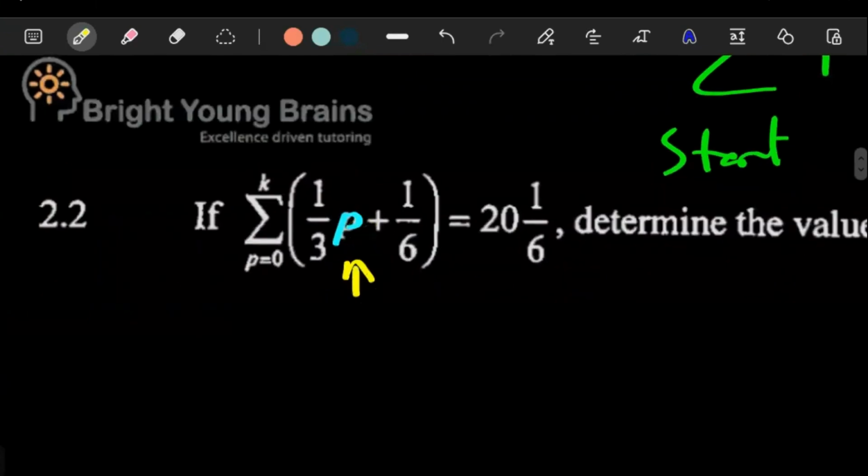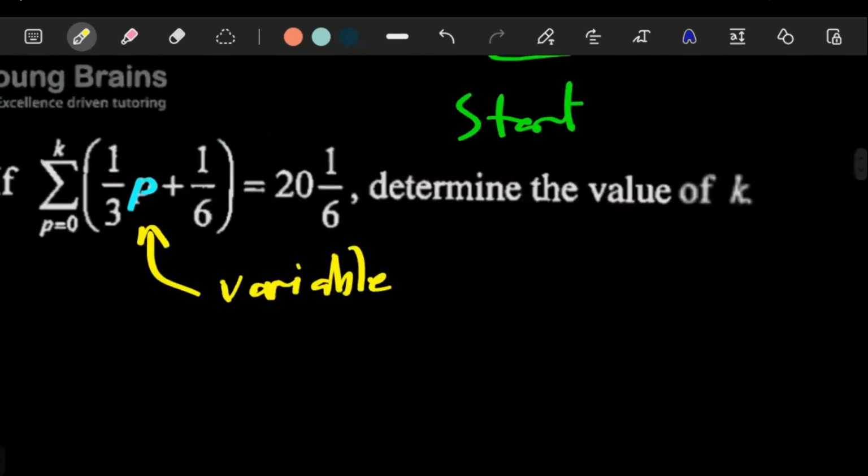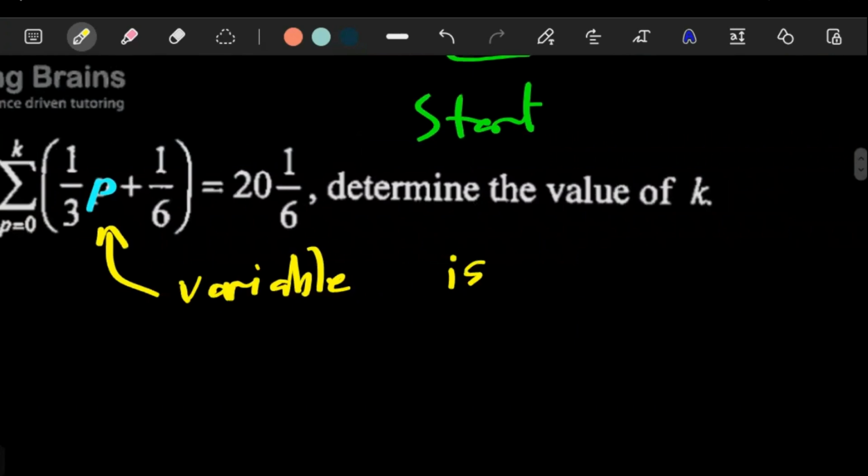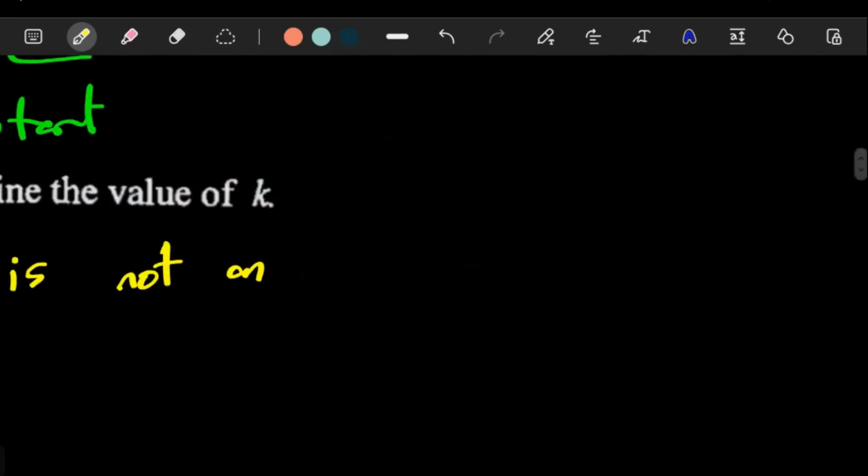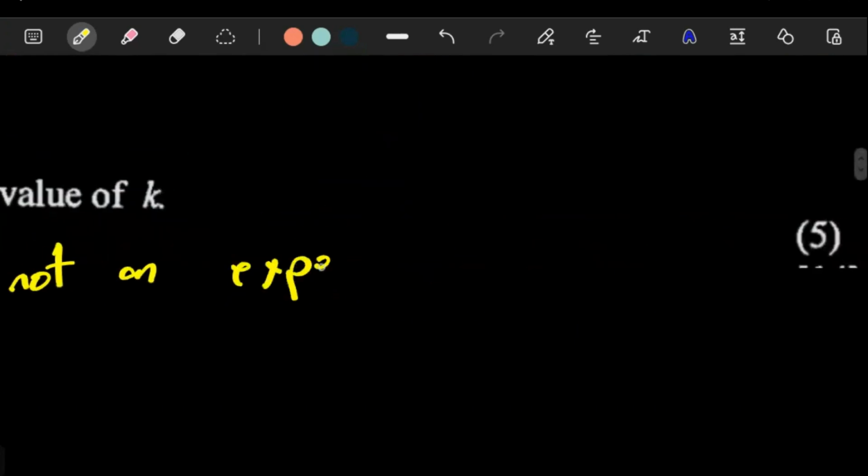As long as your variable here is not an exponent, it means that your sequence is arithmetic.